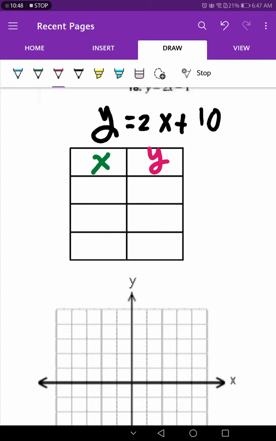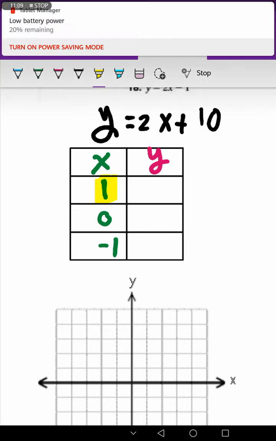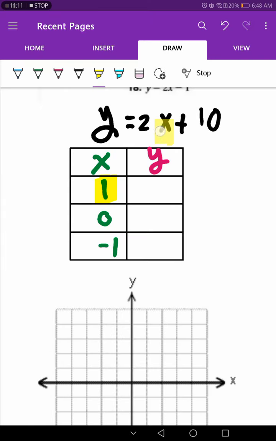Now the first step, teacher, we select the x values and the y values. The x values from my head, I like the small and nice and easy numbers, so I will select 1, 0, and negative 1. Now, if x equal 1, that means y equal, I have to multiply the x by 2, which equals 2, plus 10 equal 12.